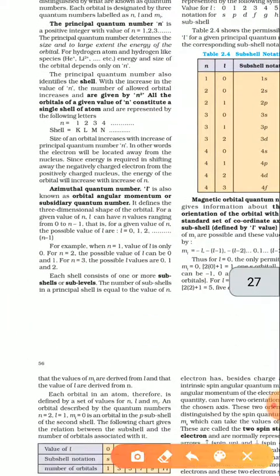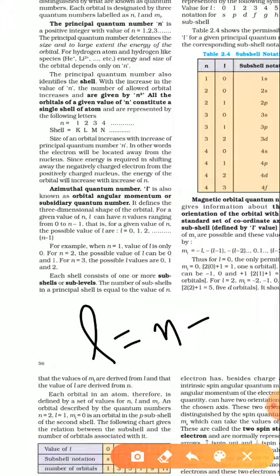Second one, the azimuthal quantum number. What is this azimuthal quantum number? It is represented by l. It is also known as the orbital angular momentum or subsidiary quantum number. It is always found by the value of l from 0 to l equals n minus 1.